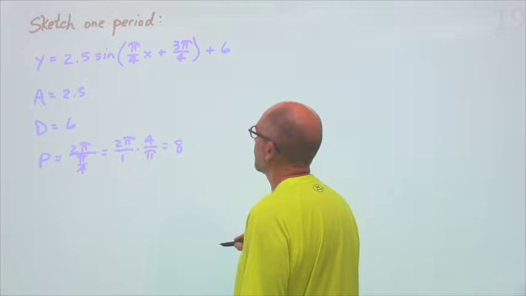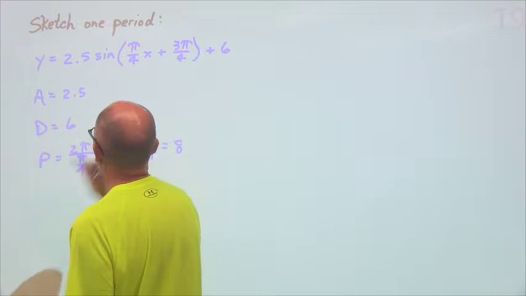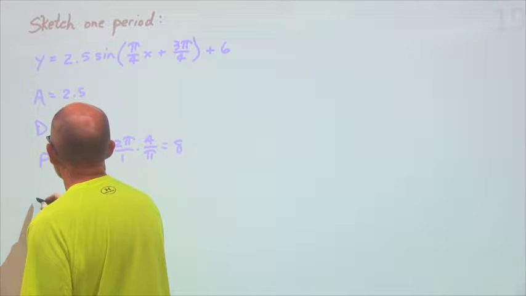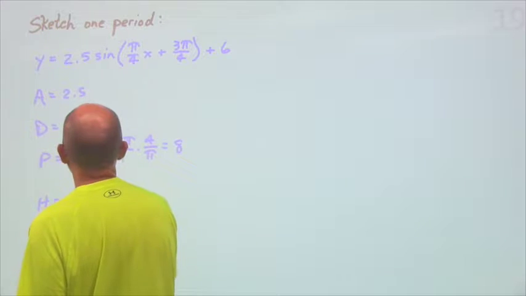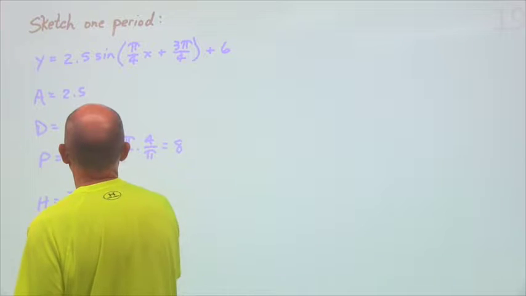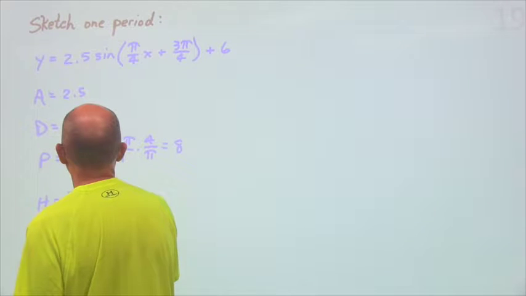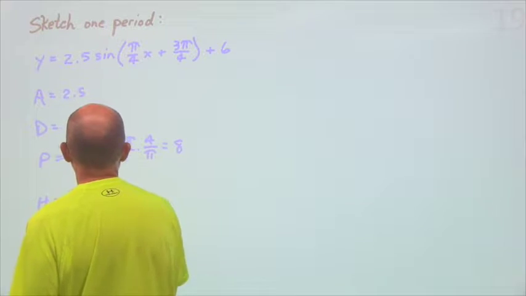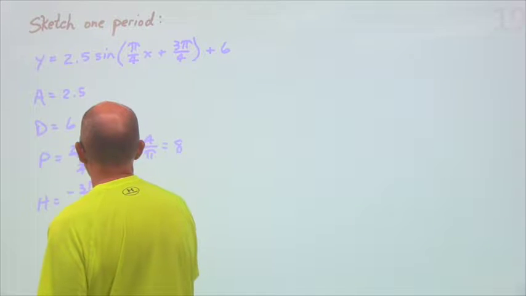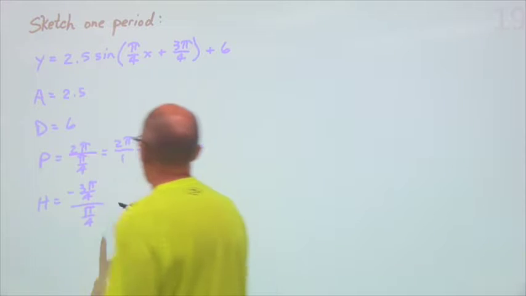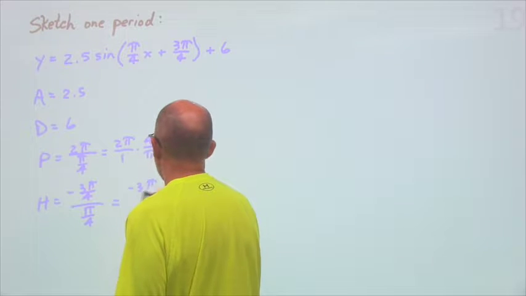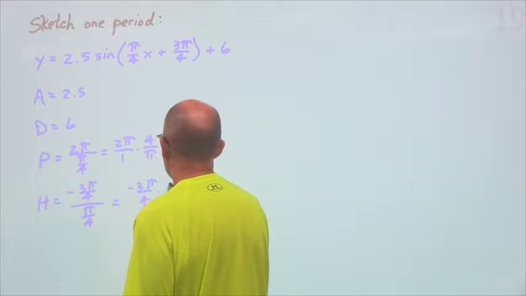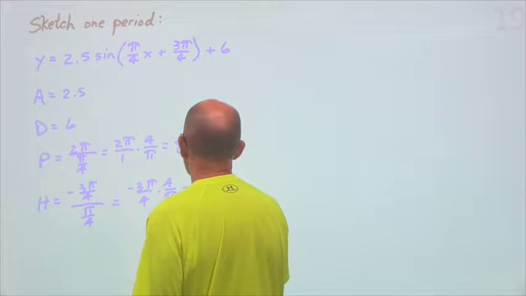And last, we have the horizontal shift, and that's going to equal negative 3 pi over 4 over pi over 4, which equals negative 3 pi over 4 times 4 over pi, which equals negative 3.